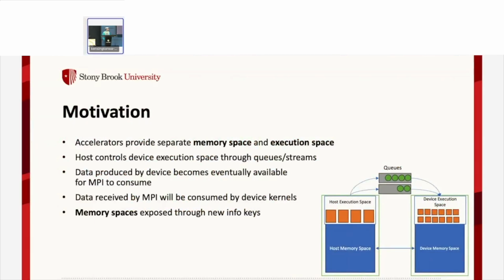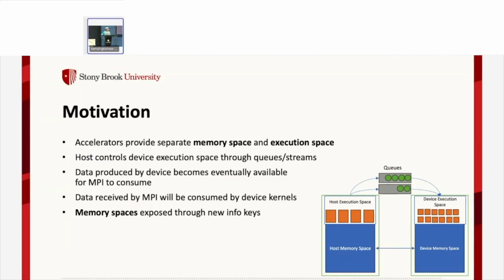So the motivation, of course, is that we do have accelerators now. They're here to stay. We won't get rid of them anytime soon. So we have to do something to make MPI aware of them. Basically, you all probably know this. A thread on the host, or multiple threads on the host, control the device through queues or streams.